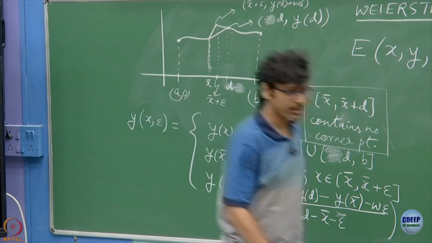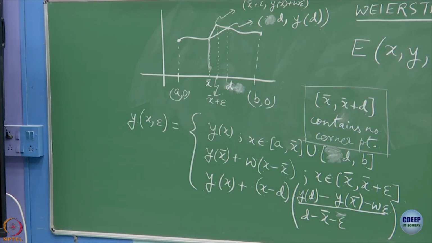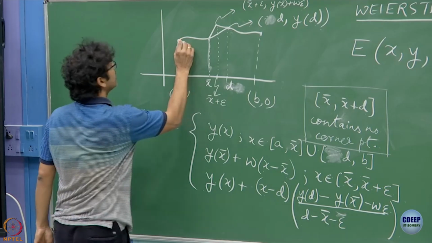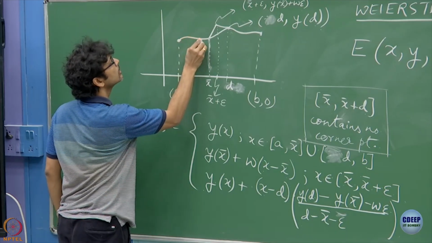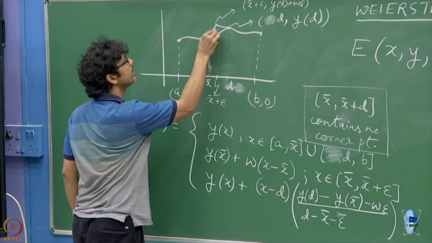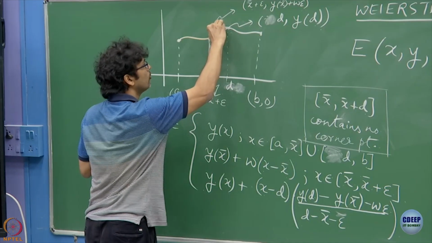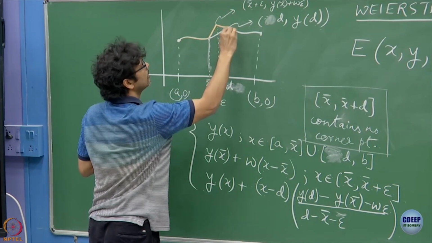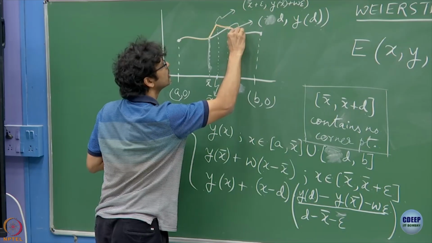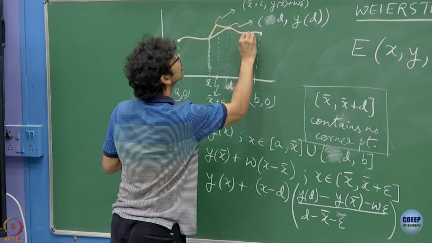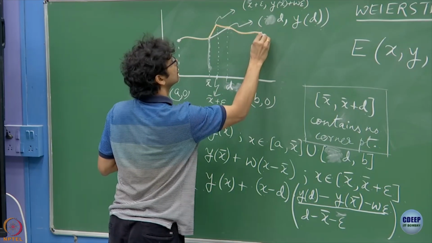So the actual curve is drawn in white. Let's just demarcate the perturbed curve. It will be completely overlapping the actual curve here. Then suddenly take an excursion like this, then come back over here, and again merge back with the original curve.